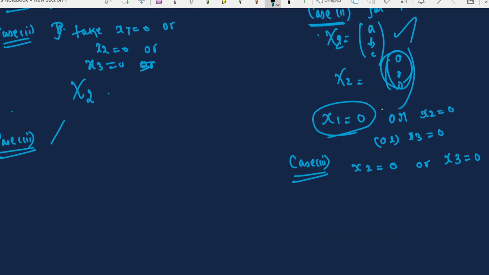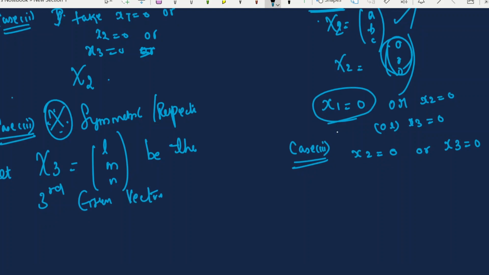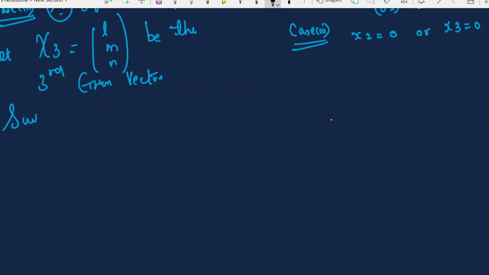Case 3, for symmetric repeated, this is the most important case. Symmetric repeated: let x3 equals (l, m, n) be the third eigenvector such that x1 transpose x3 is equal to 0 and x2 transpose x3 equals 0.